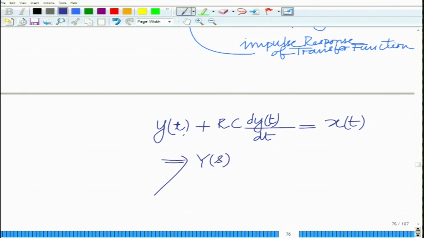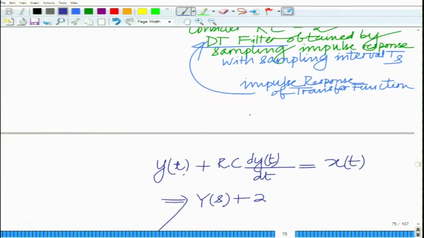Now taking the Laplace transform, y(s) plus RC, and RC we know equals 2. So, given RC equal to 2, that is given.